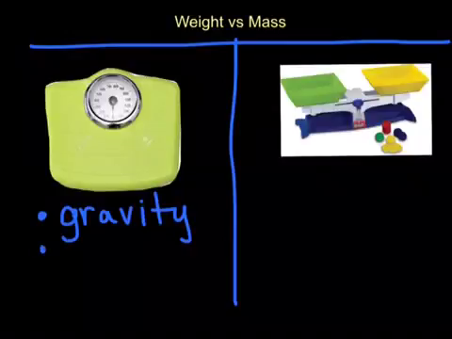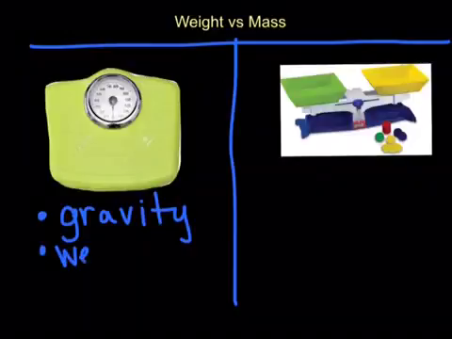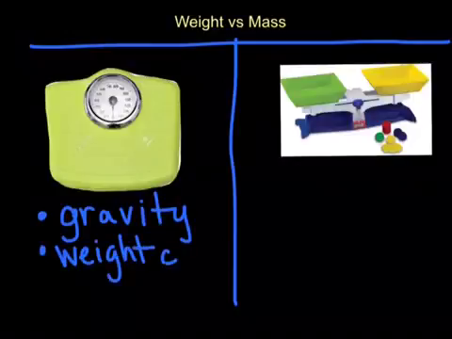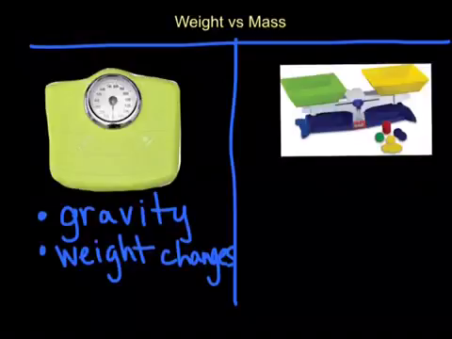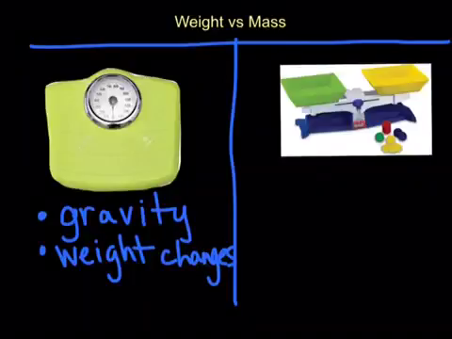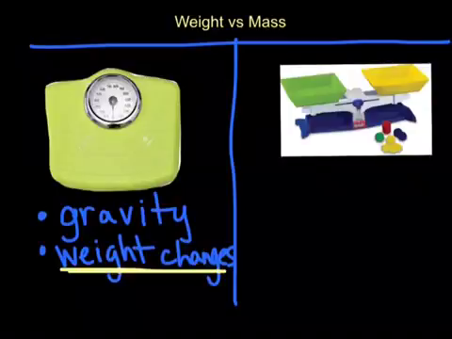So weight changes based on how much gravity there is. What you weigh on Earth is different than what you weigh on the moon or on Saturn or on Jupiter, based on how much gravity there is. So the important thing to remember here is that weight changes based on gravity.